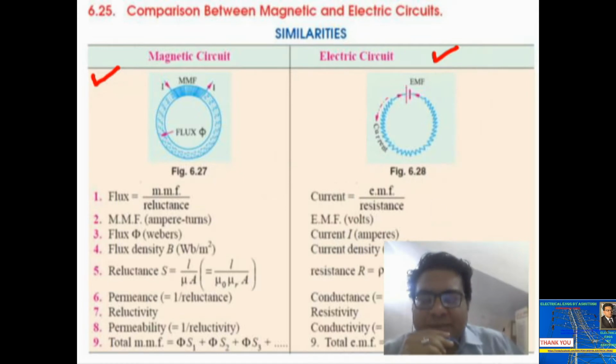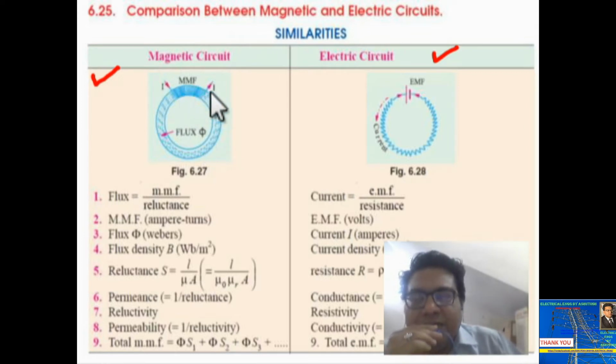So guys, here you can see, this is the circular core, the iron core. It could be made of cast iron or silicon steel, and there are windings wound on this silicon steel core. You can see here that there are a number of turns, guys.